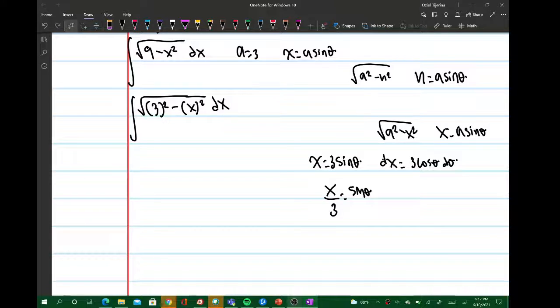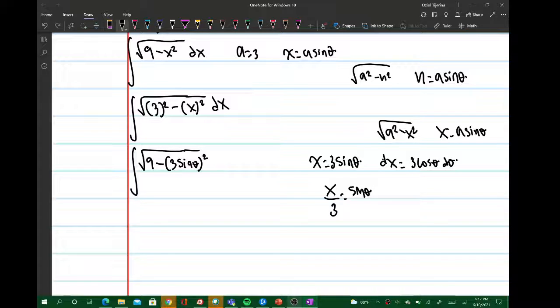So then what you're going to do is go ahead and just substitute. So you're going to say that this is equal to the integral of the square root of 9 minus 3 sine theta quantity squared.